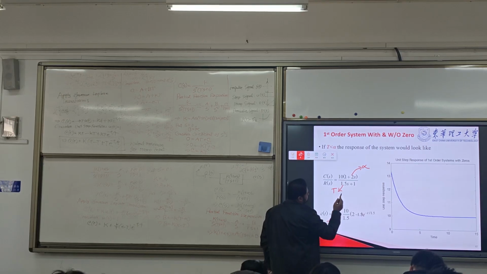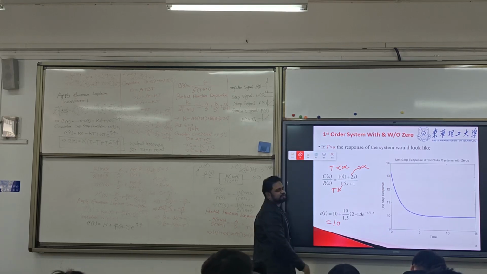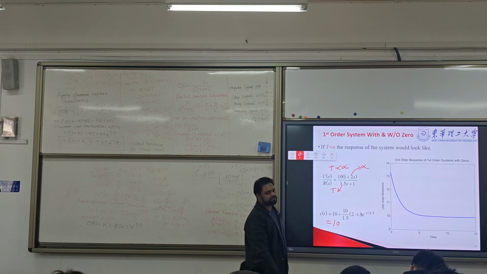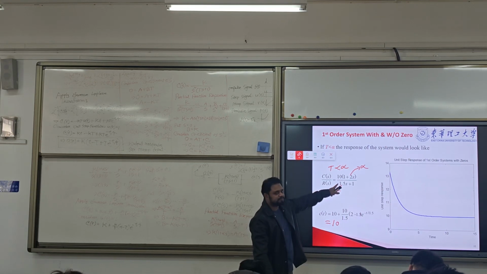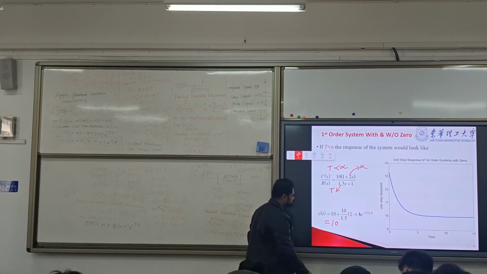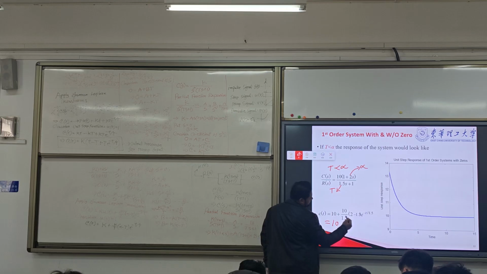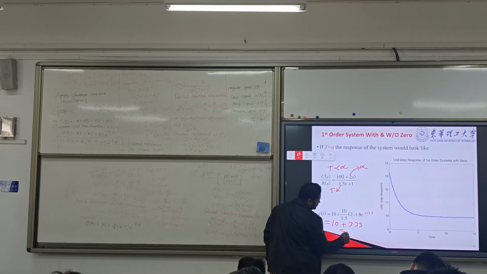Now T is less than alpha, not greater than alpha. T is 1.5, which is smaller than alpha. Alpha is 2. So here you will have something like 3.33 again. This will give you 13.33.